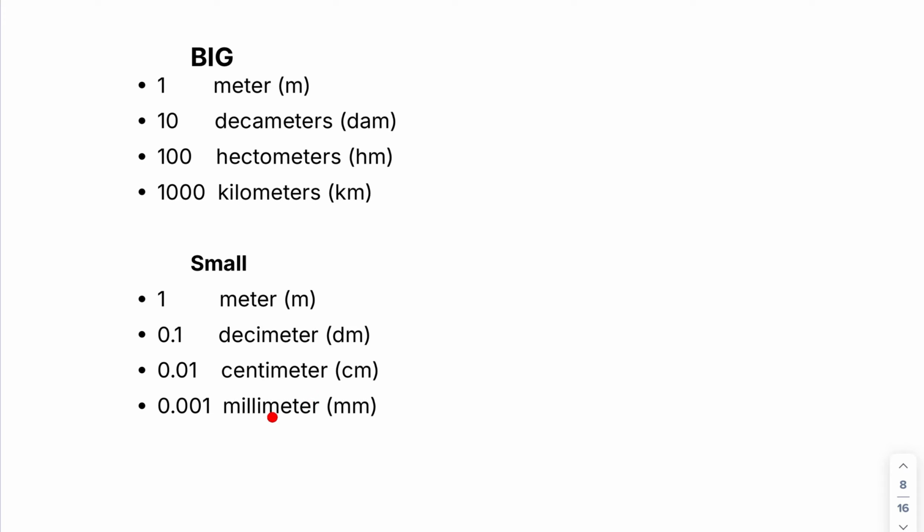So this means that we need 1,000 millimeters to equal 1 meter. We need 100 centimeters to equal 1 meter, and then we need 10 decimeters to equal 1 meter, okay? It's really important to understand all of these moving forward because we will be using this quite a bit moving forward.